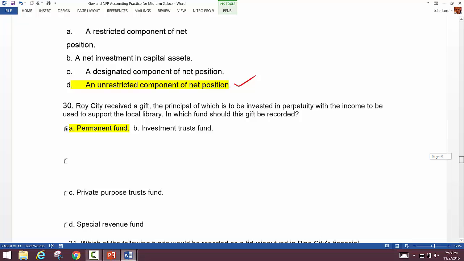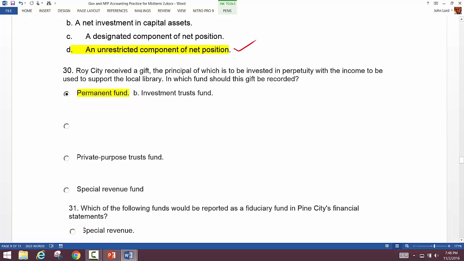Roy City received a gift, the principal of which is to be invested in perpetuity. What does perpetuity mean? Permanently, forever. Right? With income to be used to support the local library.